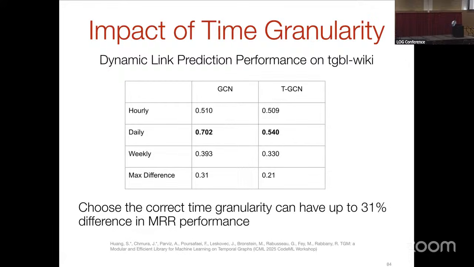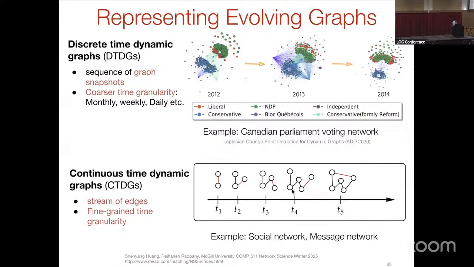So we see that there is this pseudo-optimum for each model, where there is a large amount of information within this time granularity, and that's most suitable for the task. But there's not too much information such that it drowns out the finer details that you need to complete the task. So again, going back to my point about choosing the time granularity, right?